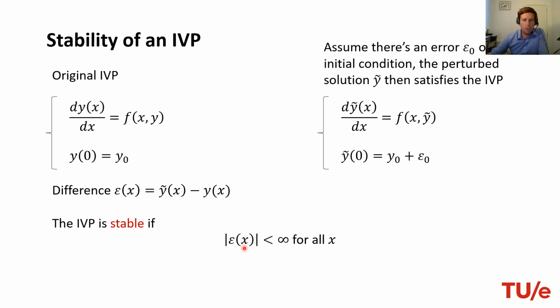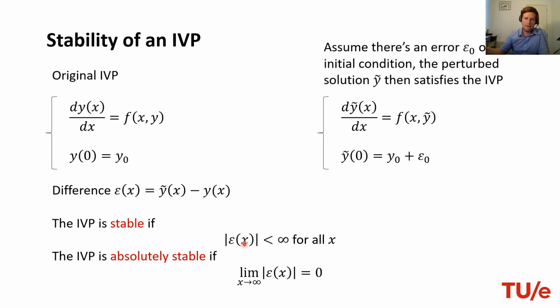No matter how large x gets, this difference doesn't grow unboundedly. And we call it absolutely stable if this difference between the perturbed and the original solution decays as x goes to infinity. So this difference dissipates the longer we integrate the ordinary differential equation, or the IVP.